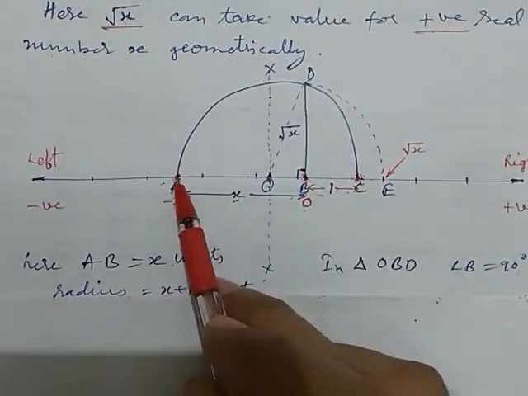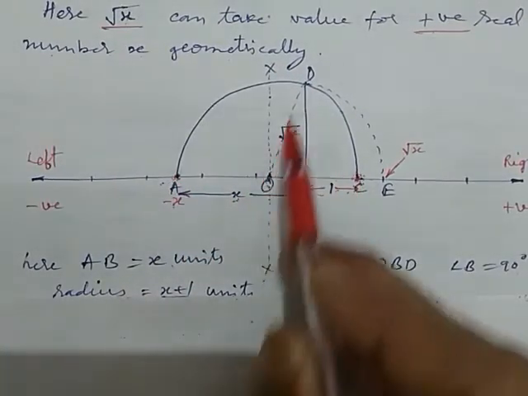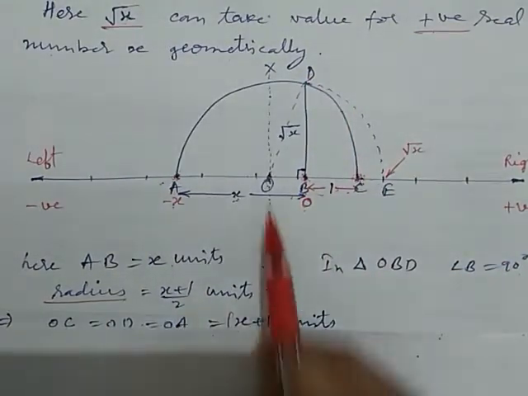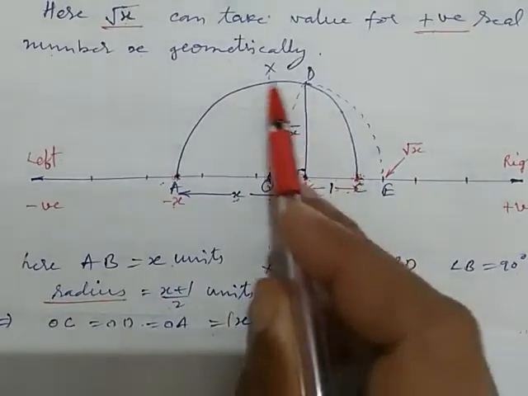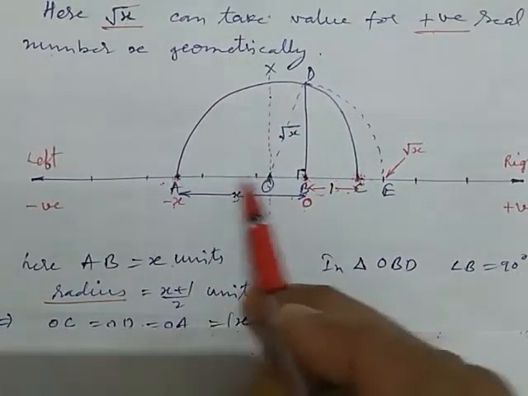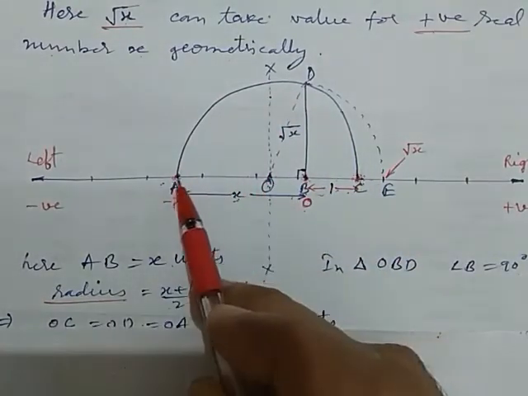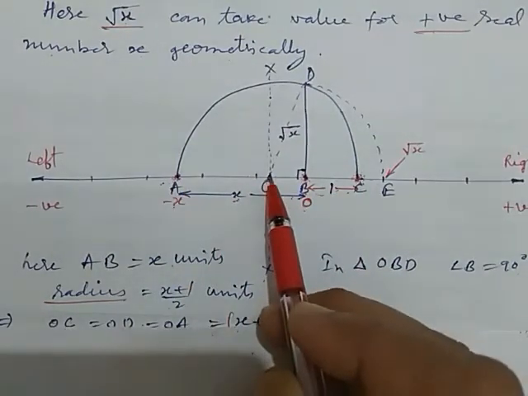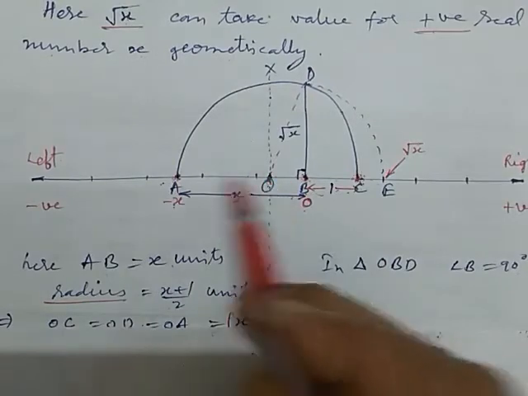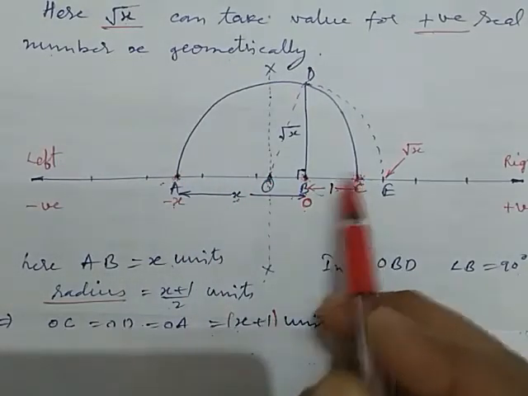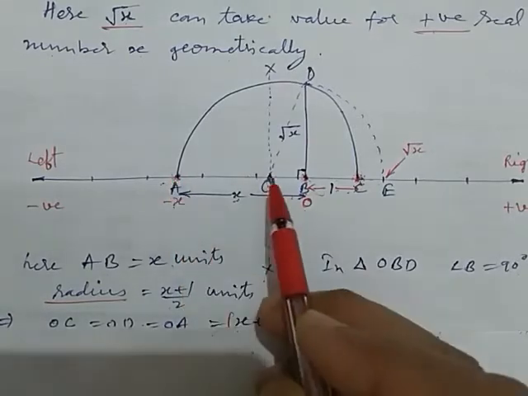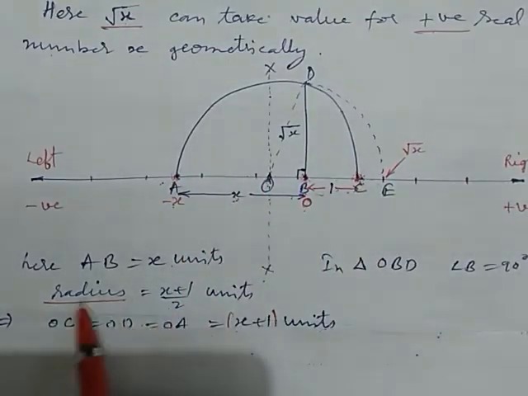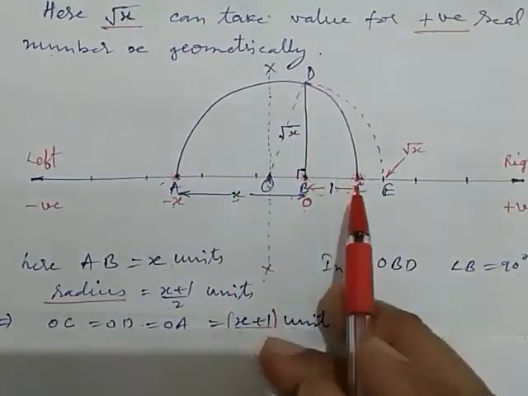So OA, OC and OD are equal. The radius is x plus 1 by 2. When we draw this, we take only this much radius, and this is how much? x plus 1 by 2, because we divide it by 2. This total is x plus 1, and we take only OA or OC, so this is x plus 1 by 2. Understand? And this is the radius of this arc.